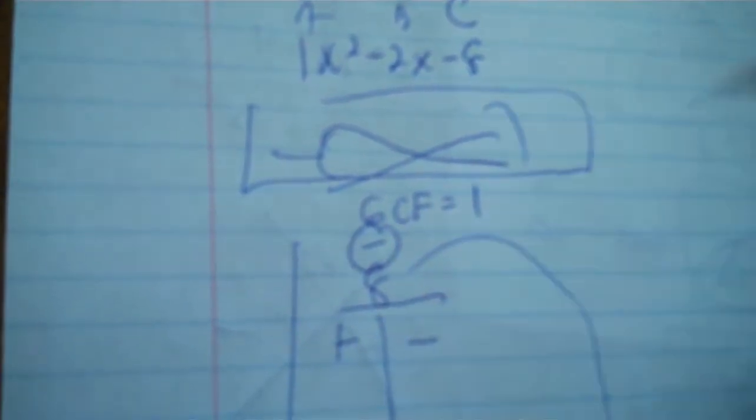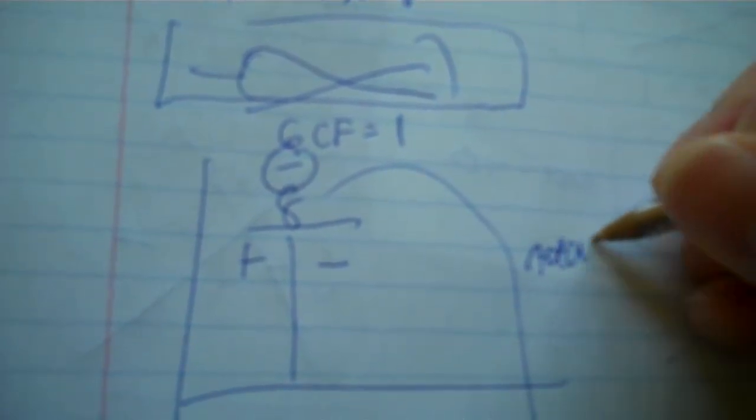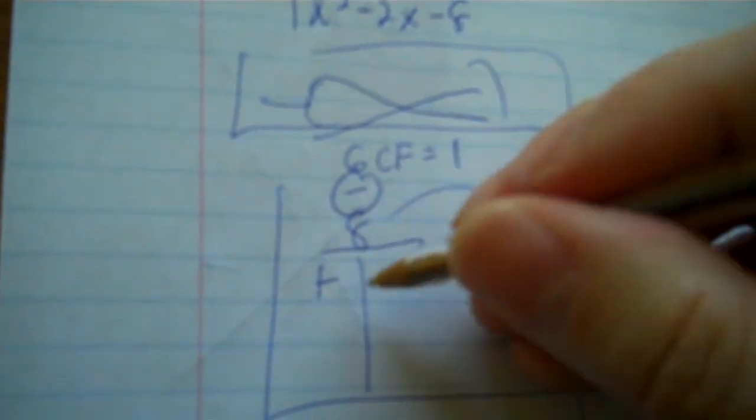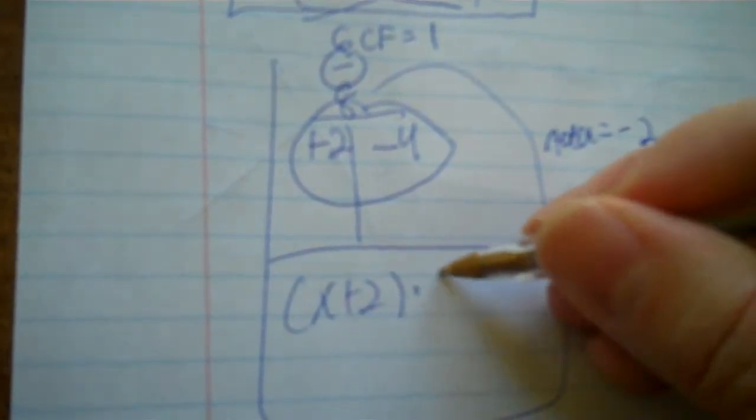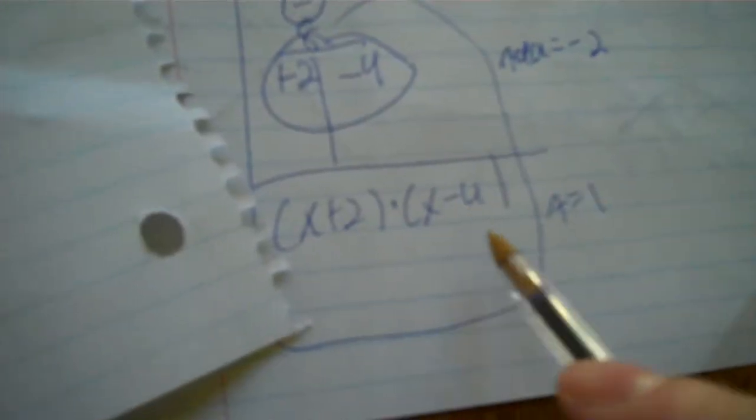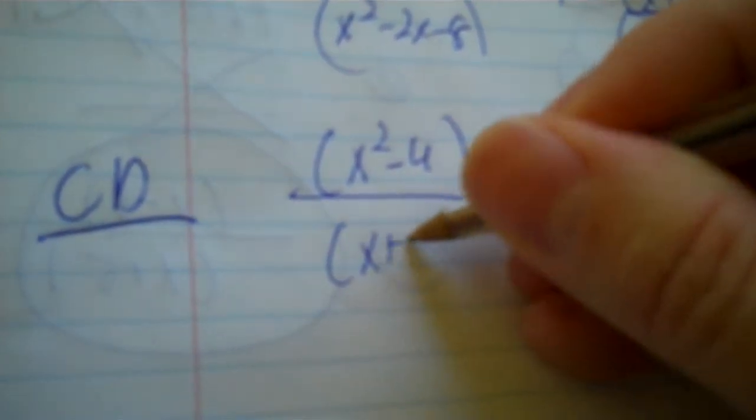Positive times negative, and we're adding to try to get to negative 2. Well, if I divide this by 2, I get 4, and there's negative 2. Now my a is 1, so we can drop the 1 and just write x plus 2 times x minus 4. So I just replace that with x plus 2 times x minus 4.